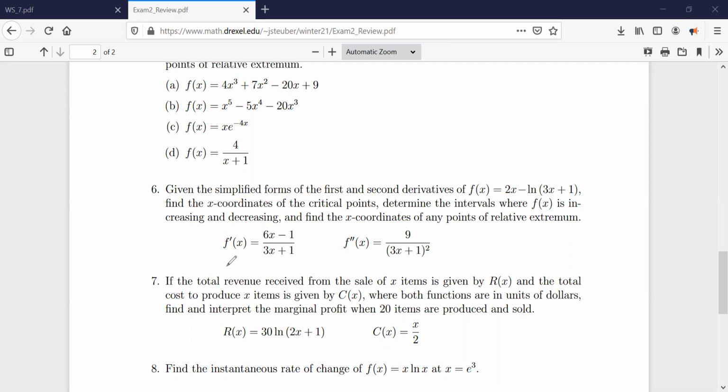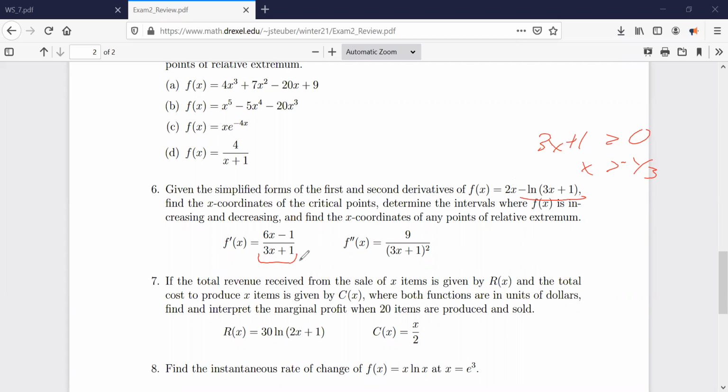So first off, are there domain restrictions on my function? The answer is yes. 2x can be anything, but ln can only take in positive numbers. So 3x plus 1 is greater than 0. If I rearrange this, I get x is strictly greater than negative 1/3.